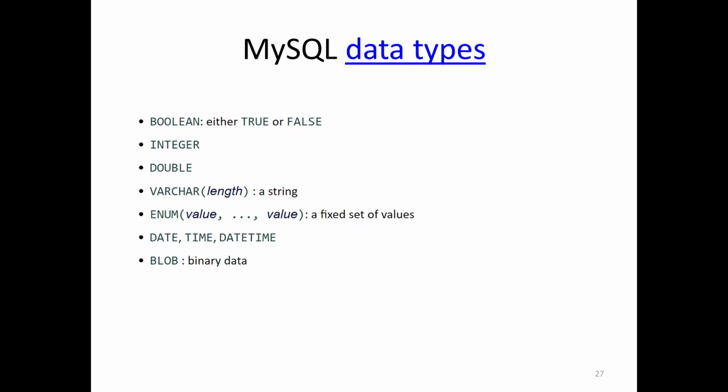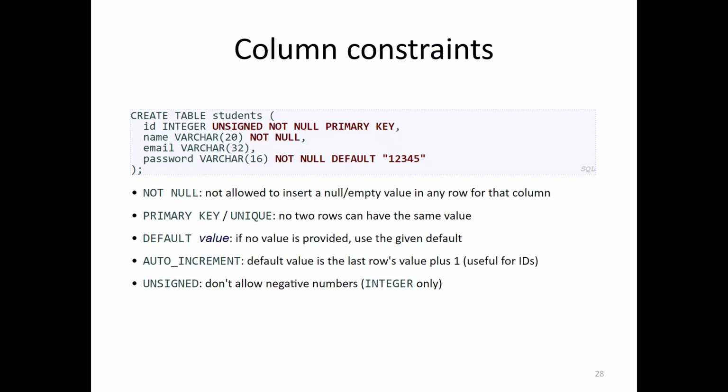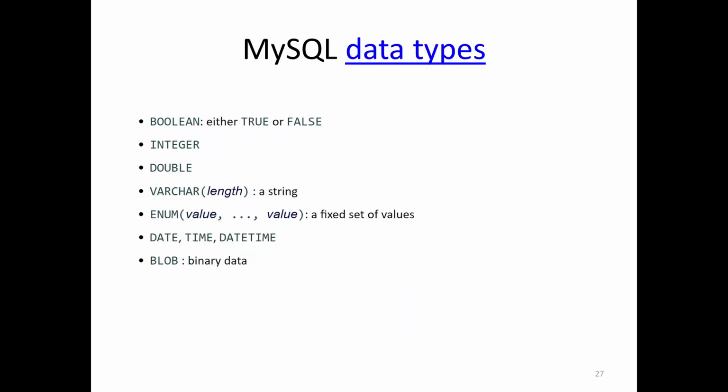MySQL is a quite powerful database management system. It contains many other data types, like for example the geometrical types as well, like points, lines, and polygons. So you can store these kinds of data types as well, along with blobs and everything.